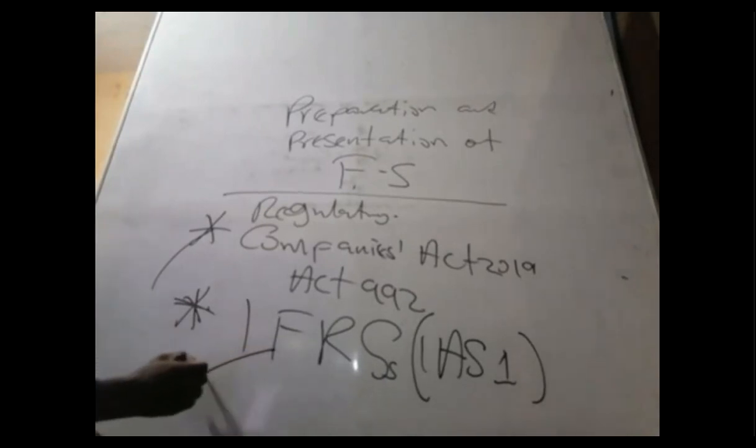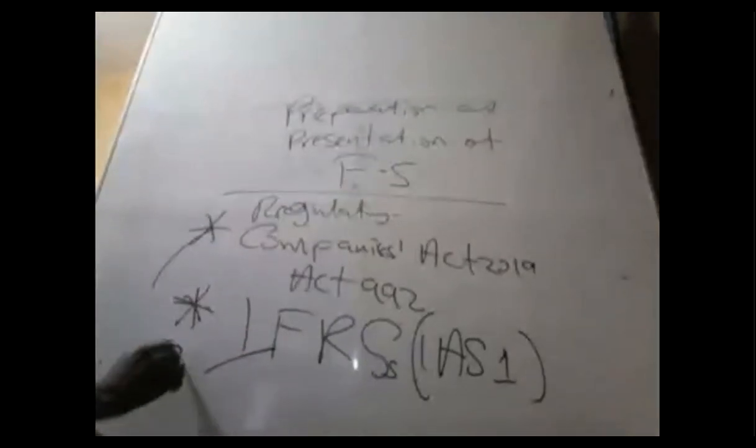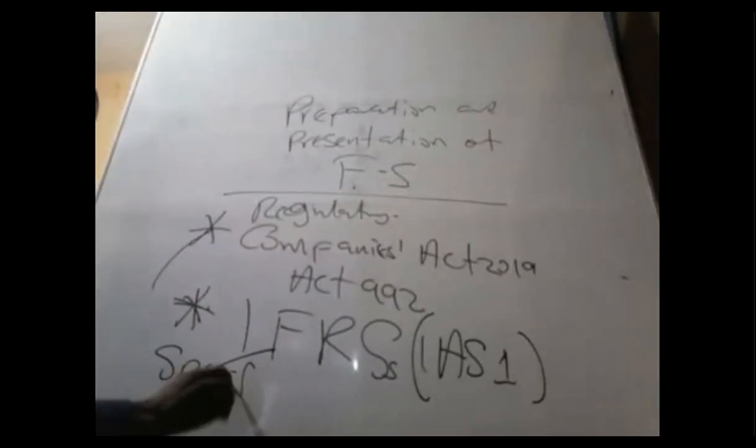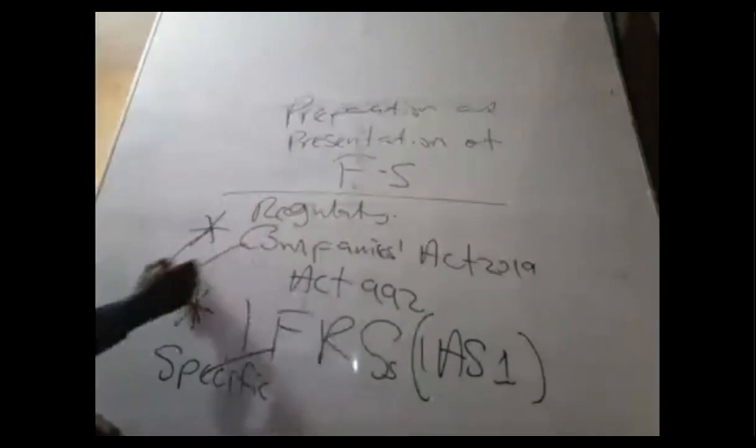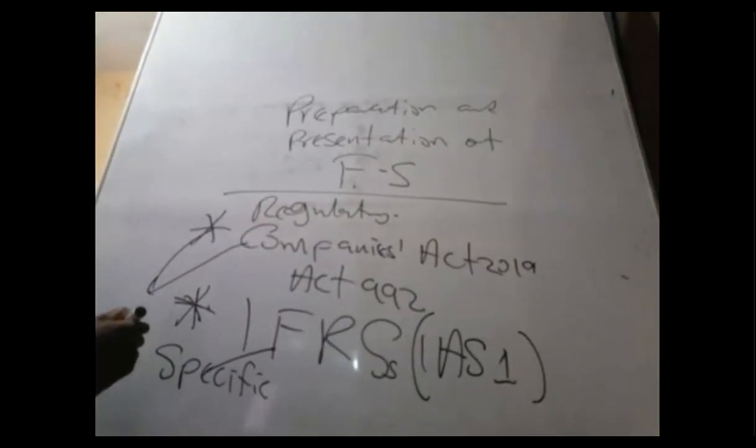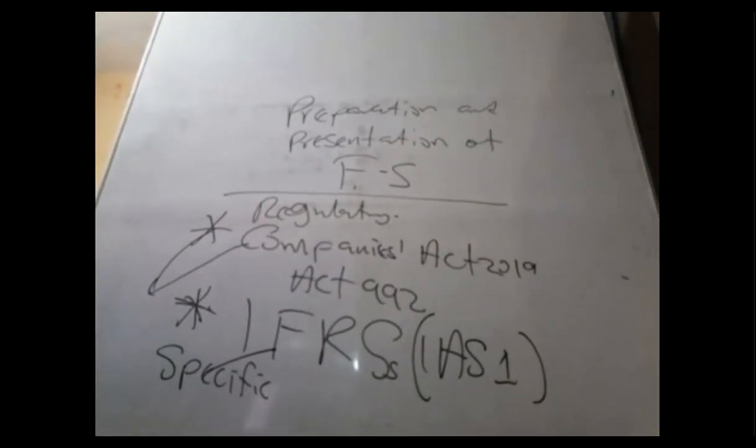The IFRSs will tell us the specific treatment of transactions if you're preparing a financial statement. And then the Companies Code or the Act will give you the legal backing. The legal backing. That is all. It also specifies the accounts that you need to prepare.